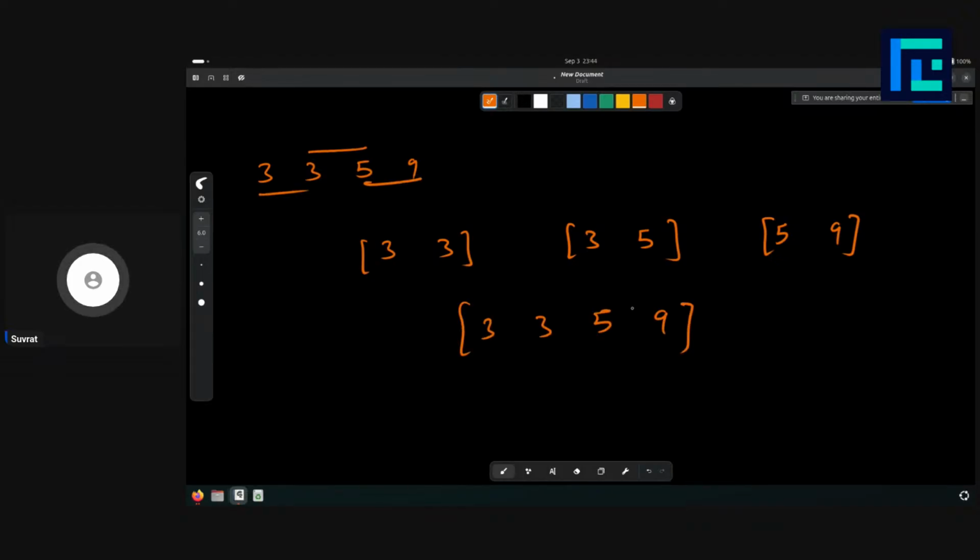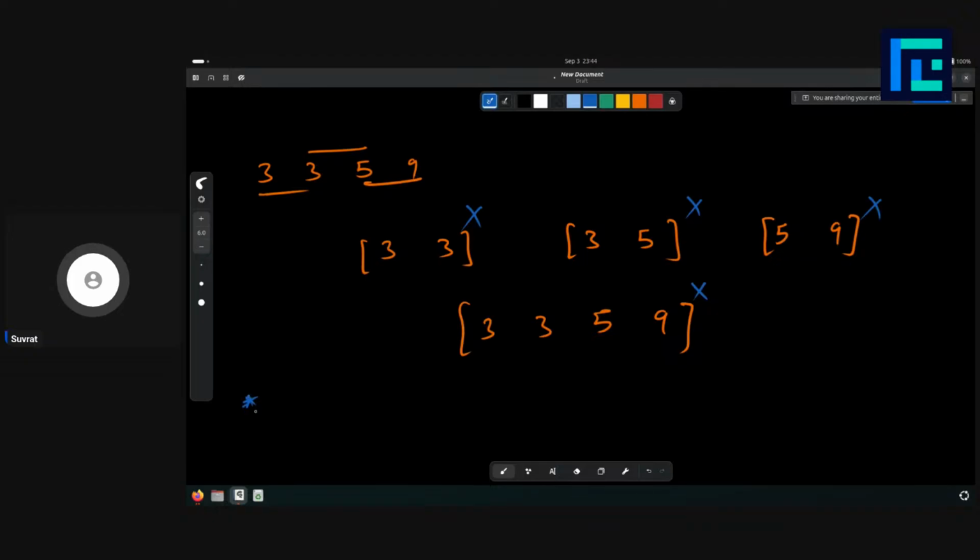Again, in the case of sorted arrays, the median and Bm would be the same. So this cannot be a valid subarray because it is sorted. This also cannot be, since it is sorted. This also cannot be, and this also cannot be, because it is sorted. So from this test case we get intuition for the problem.